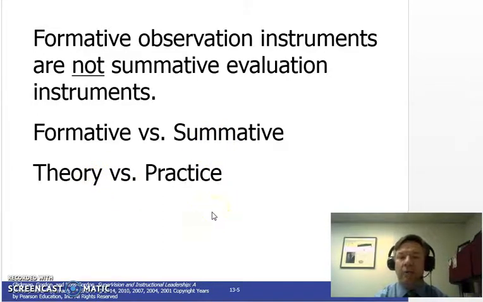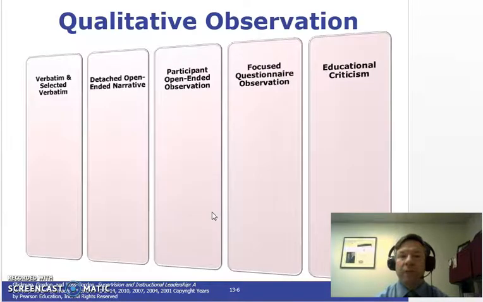What I'm trying to give you is the practitioner approach, or from that lens, versus the textbook, which is what Glickman is sharing here. Now we're going to zoom in again on the qualitative observation process. So each of these is described in the text: verbatim and selective verbatim, and that just means jotting down every word or select words or phrases or questions that are shared in the observation.